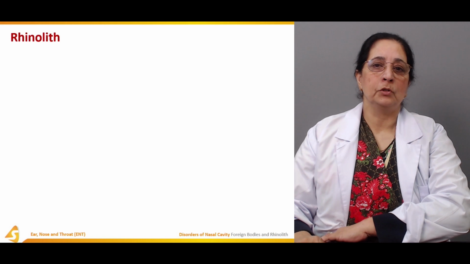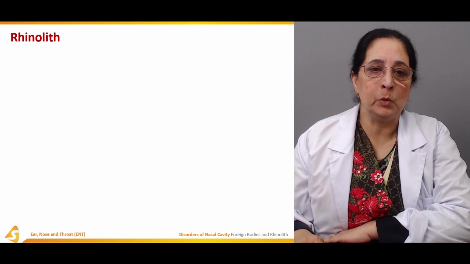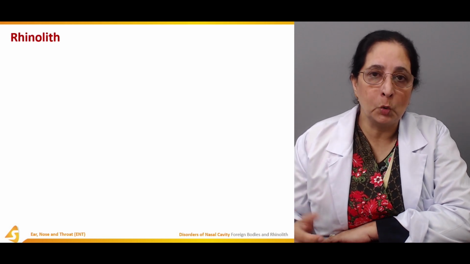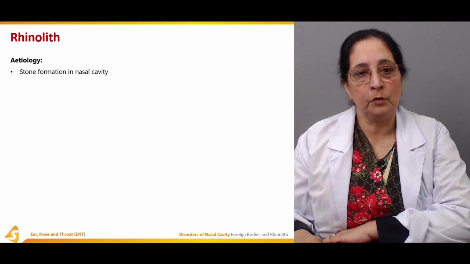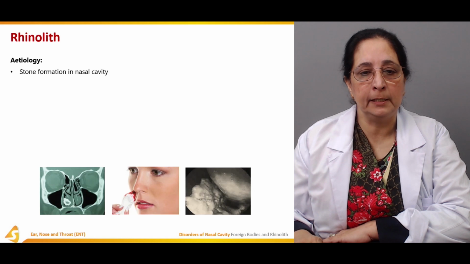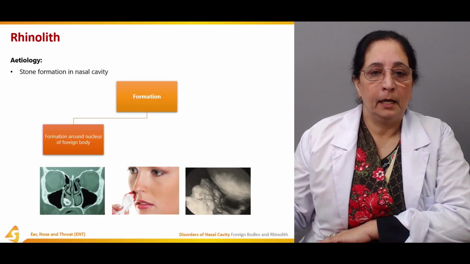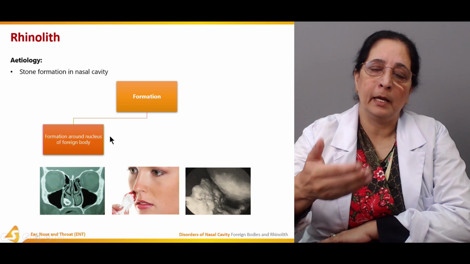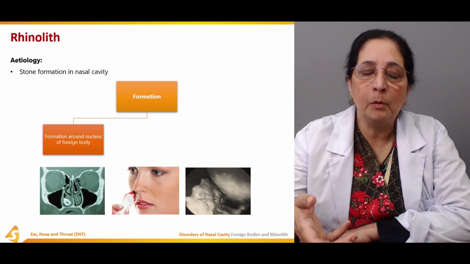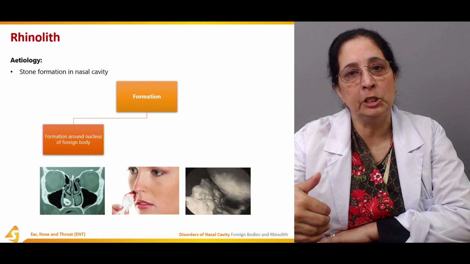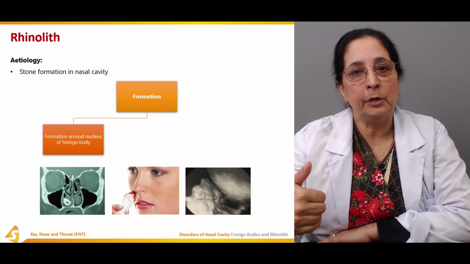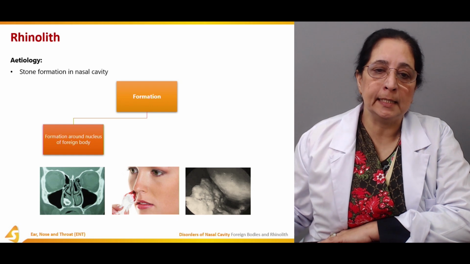The next term I want to talk about is the rhinolith, which is a stone in the nasal cavity. The cause of stone formation: as I mentioned, if a foreign body is present and it is overlooked, it can lead to the formation of a rhinolith or stone in the nasal cavity.